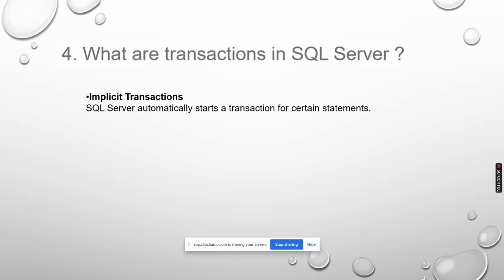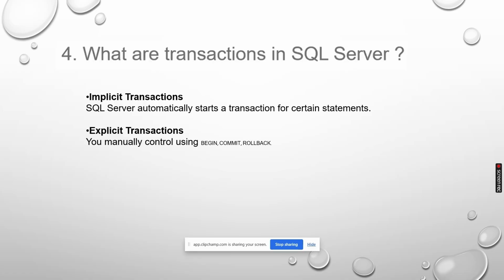There are three types of transactions. Implicit transactions: SQL Server automatically starts a transaction under certain conditions. For example, if you set IMPLICIT_TRANSACTIONS ON, then you must manually commit or roll back.